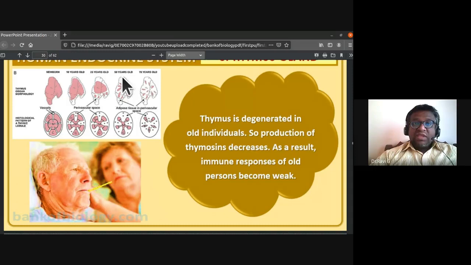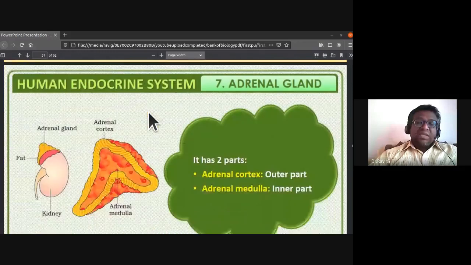In a 50-year-old individual, it is reduced even more. And in a 70-year-old person, the thymus gland is very much degenerated. So the production of thymosins is very low in a 70-year-old person. As per this comparison, the immune response of old people becomes very weak.